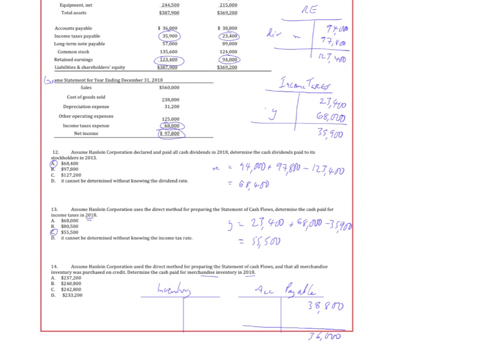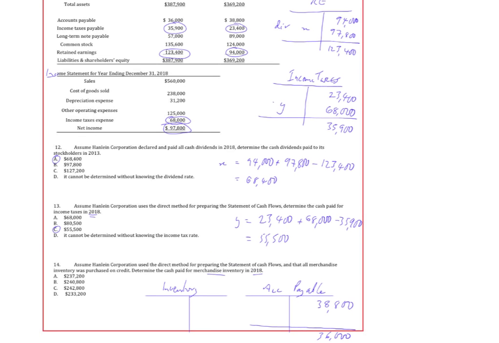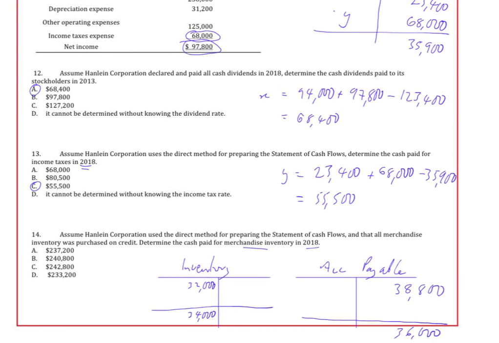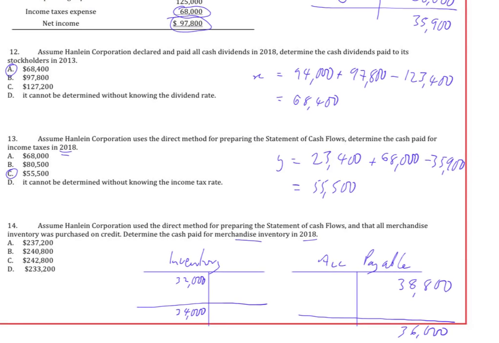The beginning balance on inventory is 32,000 and it goes up to 34,000. And if we look at the income statement, we can see that cost of goods sold was 238,000. So we know that must be a debit to the income statement and a credit to inventory of 238,000.